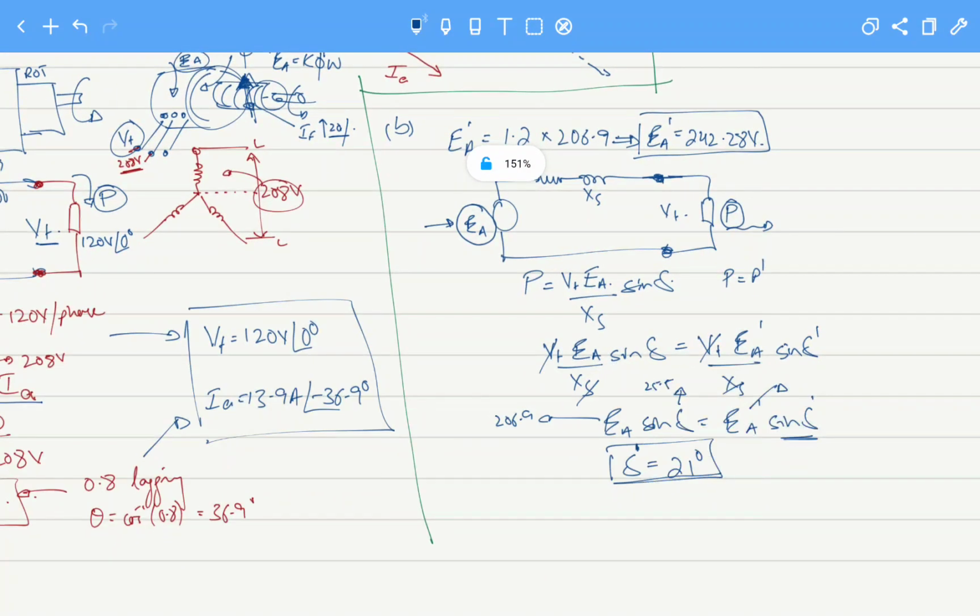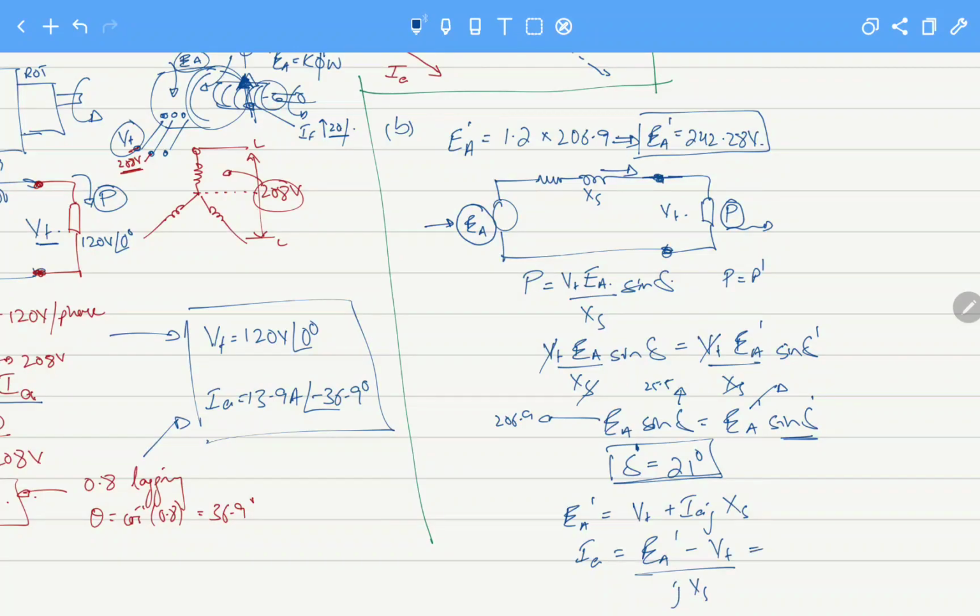So the stator current can now be calculated by this formula. Similarly, as EA prime equals V terminal plus IA j X_S, IA equals EA prime minus VT over j X_S.